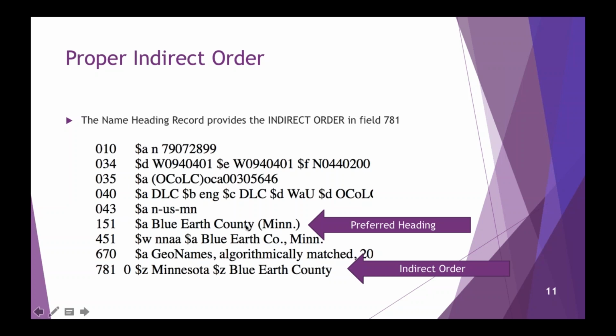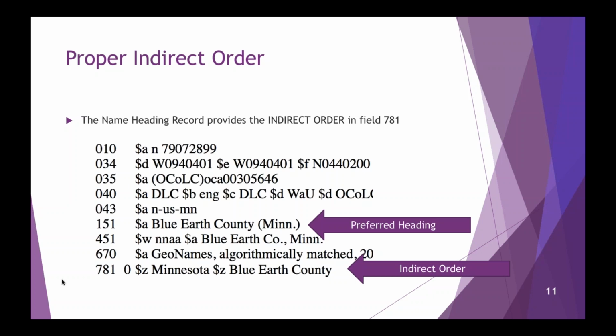So this is your direct order, and this is how you would use it in a topical heading in a 651 subfield A. If you want to use the geographic location as a free-floating subdivision after a topical term that has may subdivide geographically on it, then what you need to do is look at the 781 field, and that will provide the indirect order, the proper indirect order for that particular location.